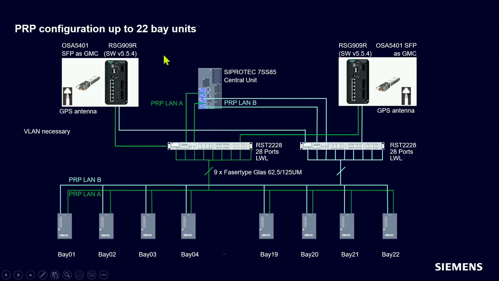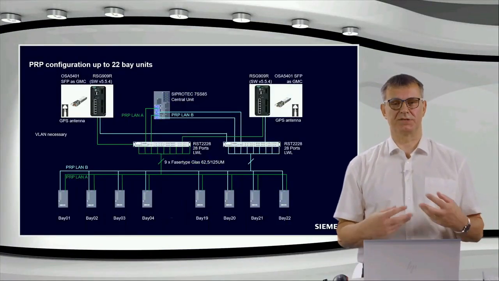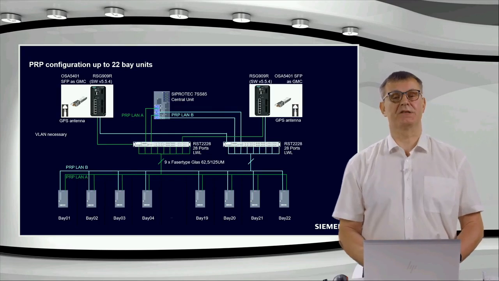We are using an OSA SFP as a grandmaster clock, inserted in a red box from an RSG 909R, and so the PTP signal of each grandmaster clock will be connected to each LAN separately. And here once again the same. Which grandmaster clock will be used will be handled by the so-called best master clock algorithm.